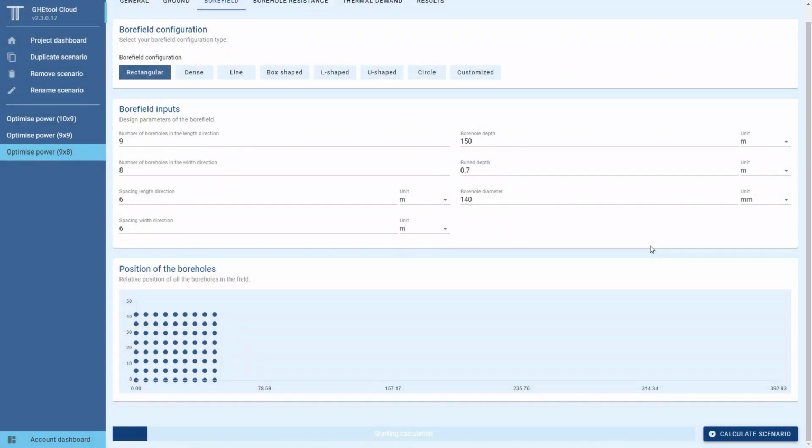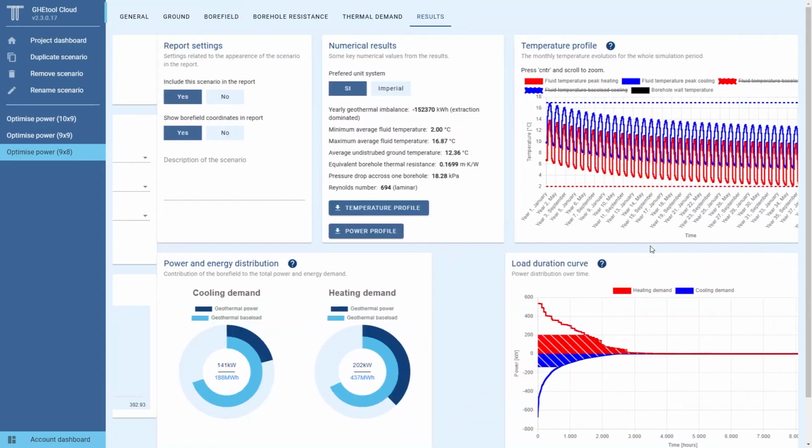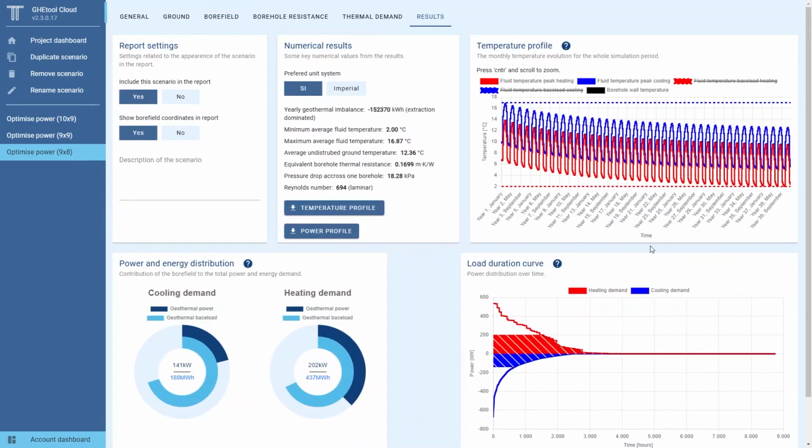And what you typically see is that when you keep doing this, after a specific moment, there will be a significant change in geothermal share you get. When you calculate it economically, it will no longer make sense to make the bore field smaller, because your geothermal system will be way too small to be economically feasible in your total system.